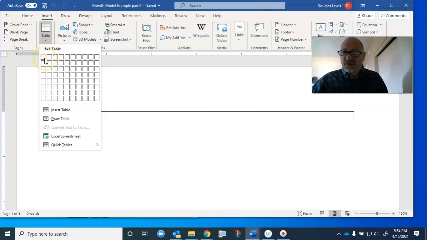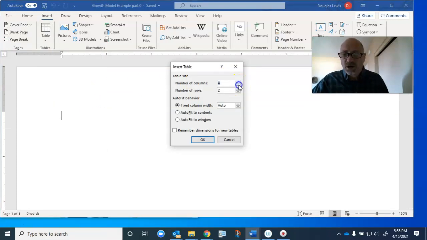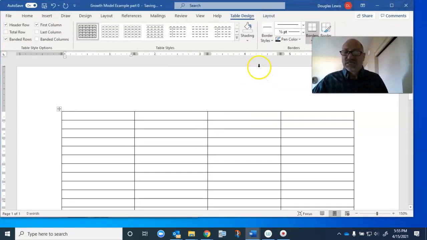Now I want the year, so one column will be the year. The next column was going to be the population. The next column would show the differences, and the next column would show the ratios, because I need to compare the differences and the ratios. So I've got to have 4 columns, and so I'm just going to insert it. I'm going to make 4 columns, and I think there was 9, so I'm going to make 10, 12 rows. So that's how I did that.